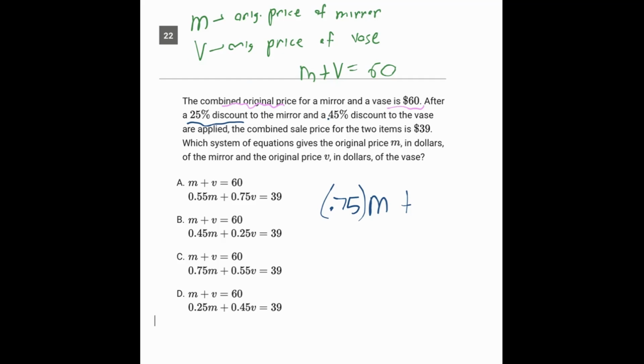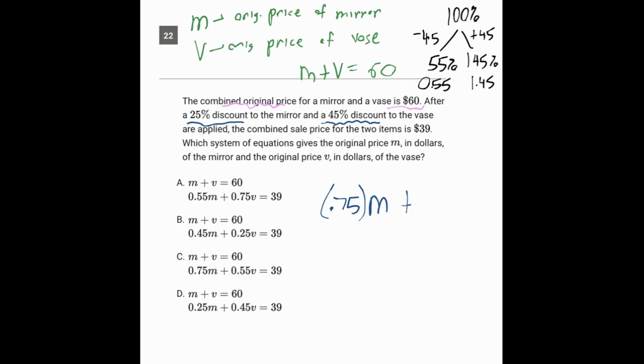And the vase is being discounted by 45%. So let's just draw a diagram for that. If you start at 100% and you go up or down by 45 from there, it's going to take you up to 145% or down to 55%. And in decimal form, this would be 1.45 and this would be 0.55.